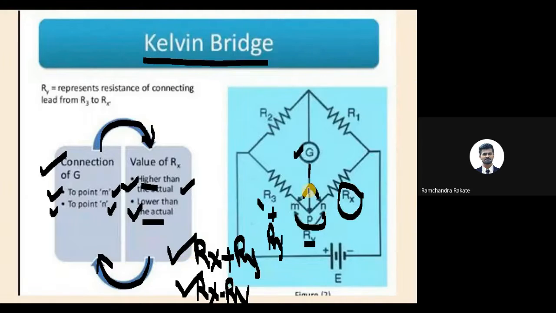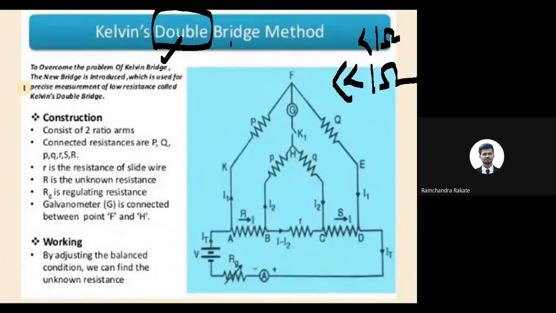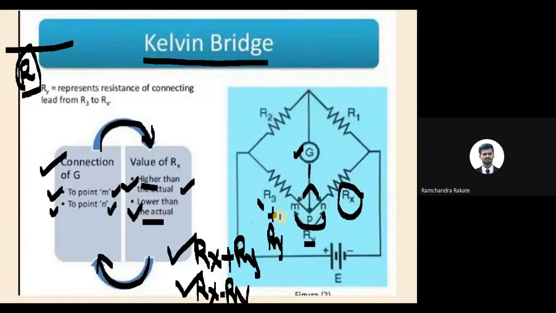In technical terms, this M and N, the connecting wire, we call a lead. Any copper wire or conductor has certain resistance, so the leads that we are connecting also have certain resistance, and that is nothing but your Ry. Clear? That is the amount of resistance that is added to the Kelvin bridge.